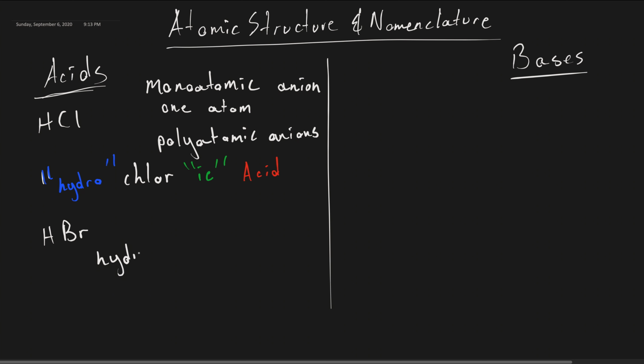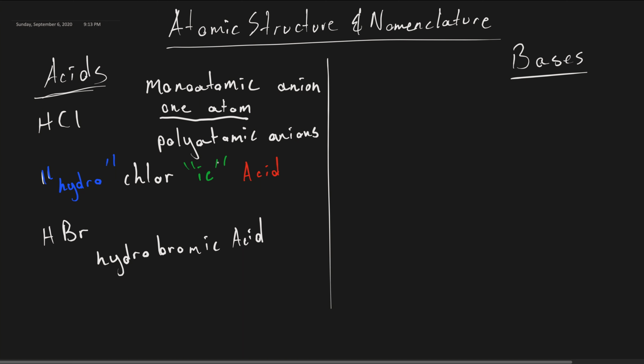We write the base name for bromine, brom, then ic: hydrobromic acid. This is the way you would typically name monatomic anions, these single atom anions.